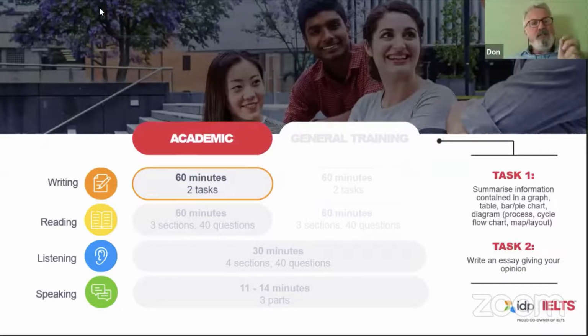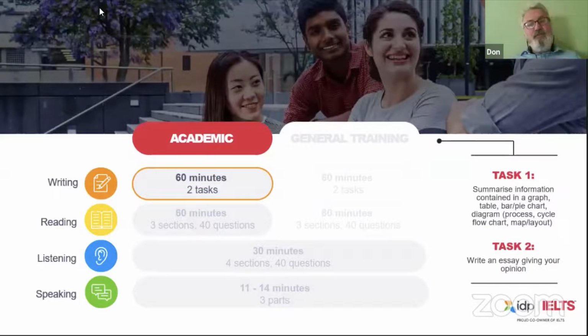And your task is to describe that graph, those figures, that diagram in words. You only have to describe it. That is task 1 in the academic test. We're going to look at a good example of that later on. So just wait for that.